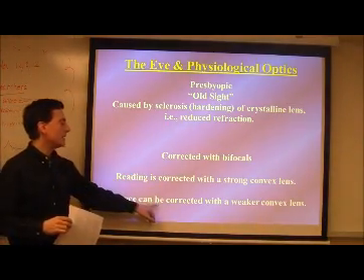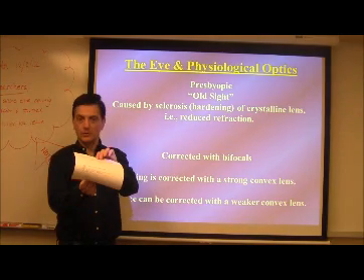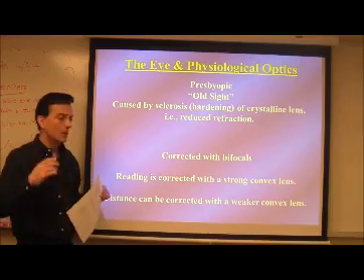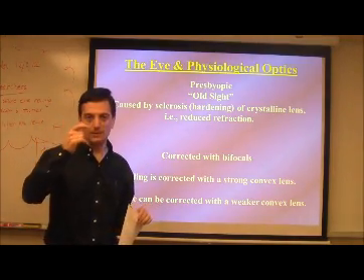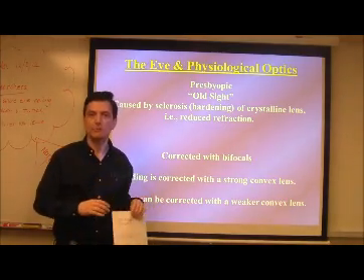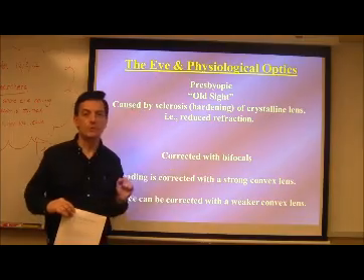So we can have now correction with a weaker convex lens. So we can now have some stronger or weaker convexity added to whatever is going on in our cornea and our lens so that we can recover some of the flexibility that we used to have when we were younger. So this is how we typically treat presbyopia, the adjective form presbyopic.